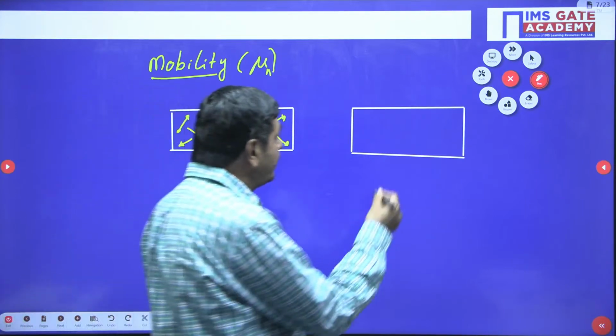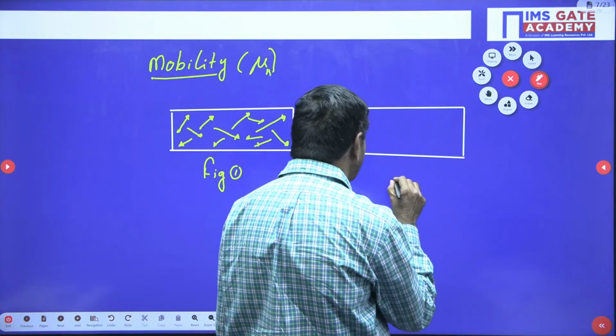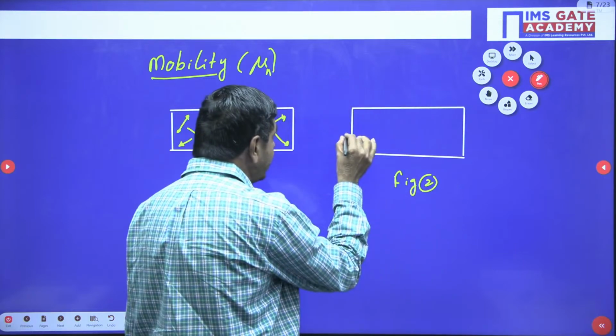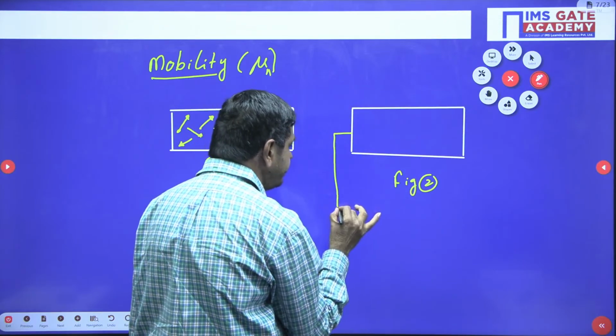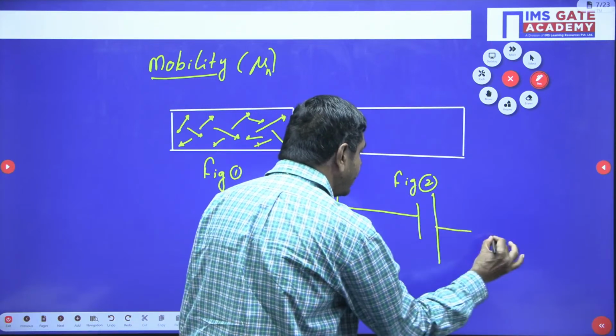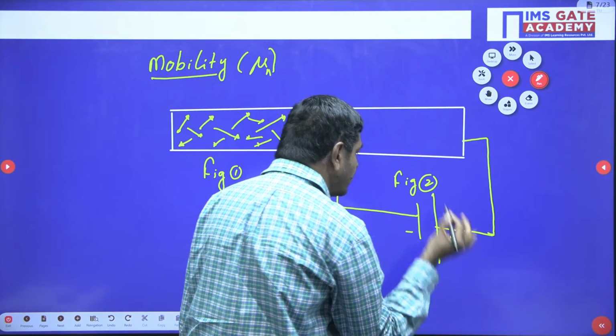But I have taken one more, the same conductor. This is figure 2. Here I connected an external source like this. This is the negative electrode, this is the positive electrode.